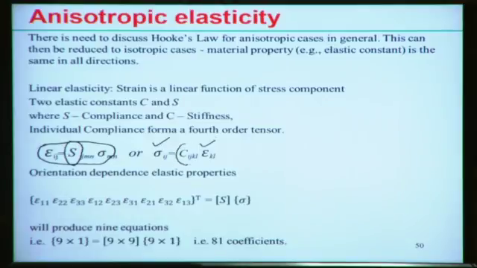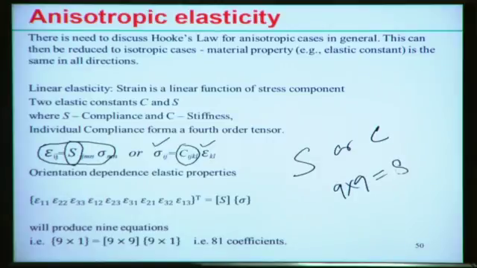that is called stiffness. Specifically, if we consider all possible anisotropic cases, the stress or strain tensor has 9 components. So in this case, this constant term, either S or C, can be introduced in matrix form as 9 by 9.